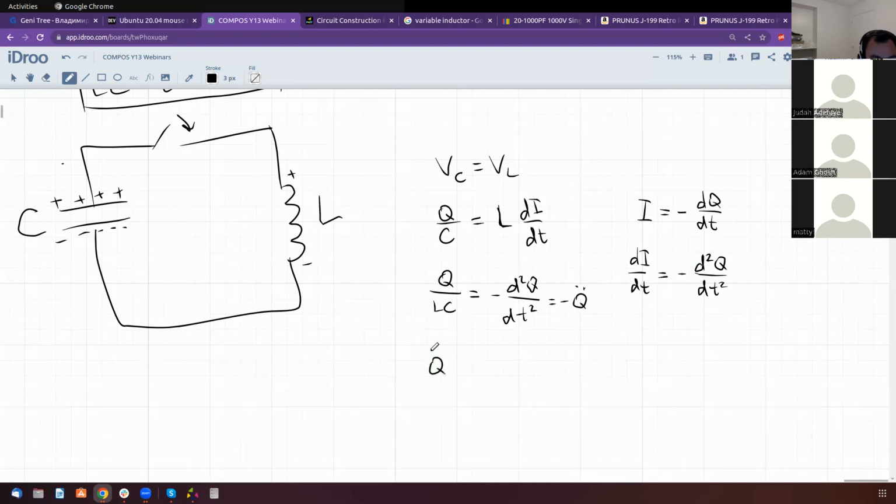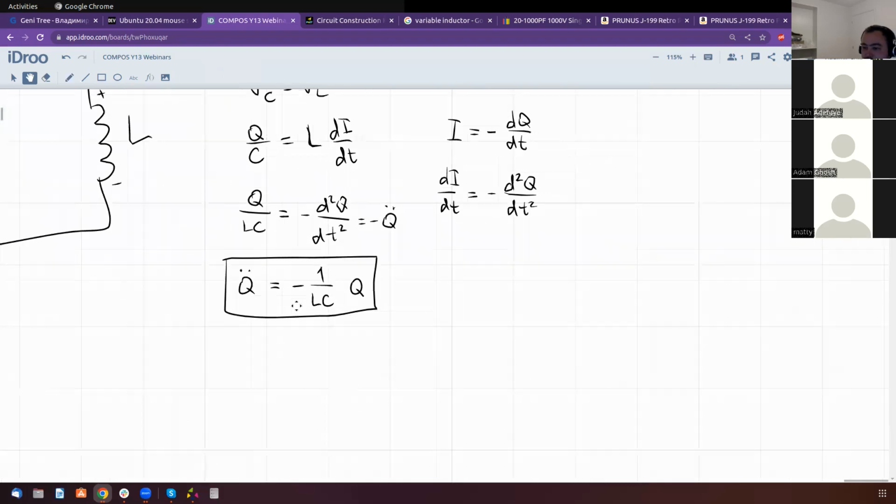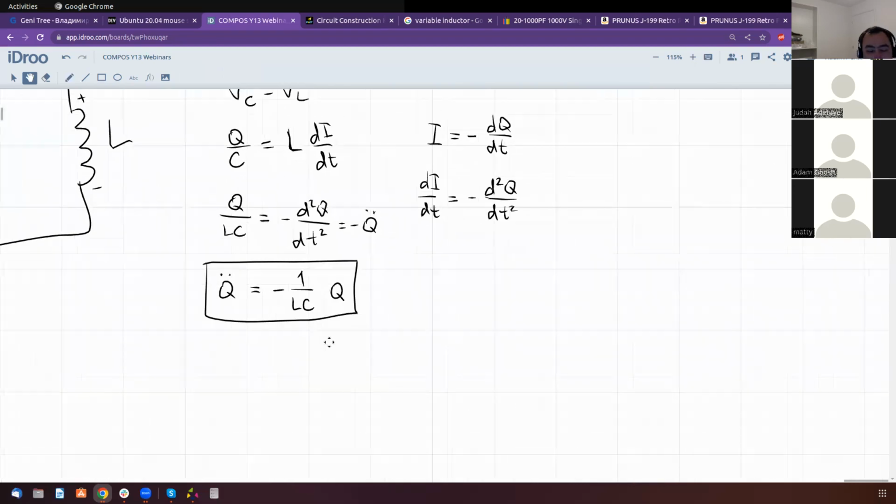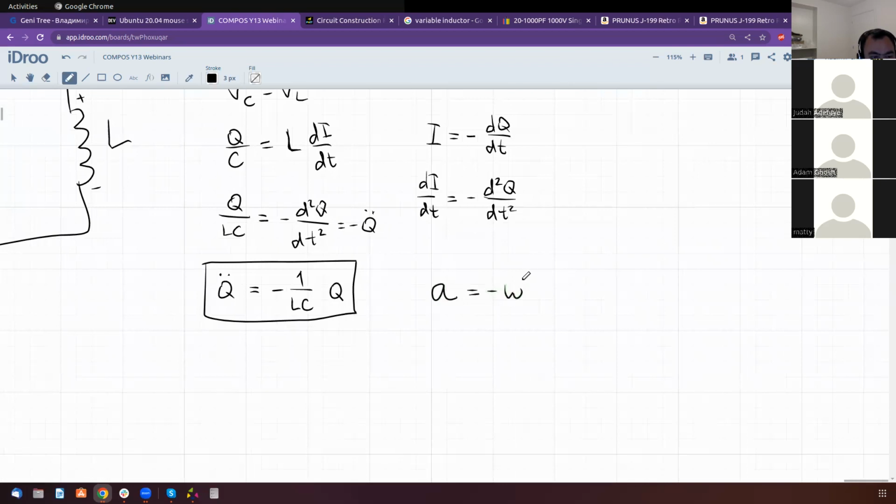So q double dot is equal to minus 1 over LC times q. Does this equation look familiar to you? Yes, acceleration is minus omega squared x, or x double dot is equal to minus omega squared x.